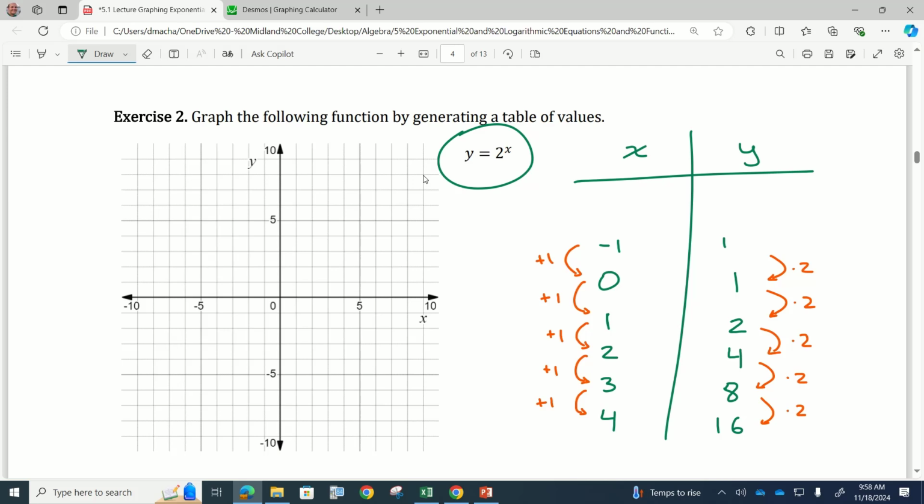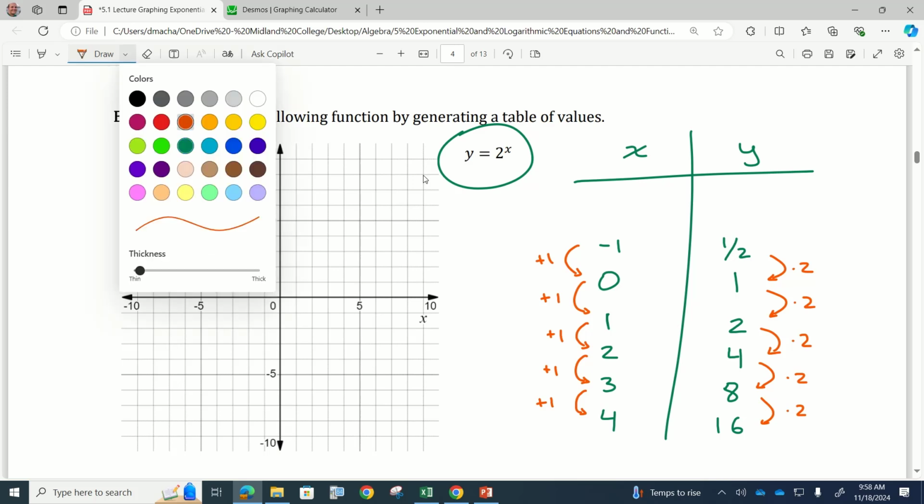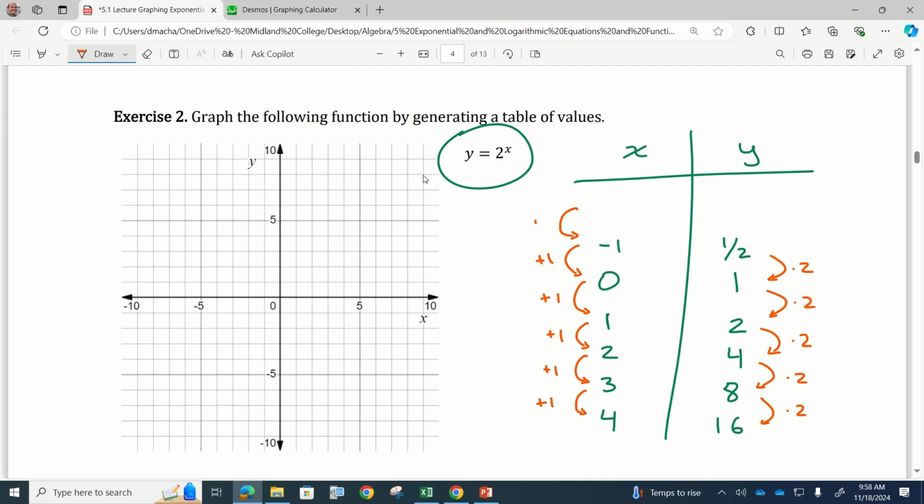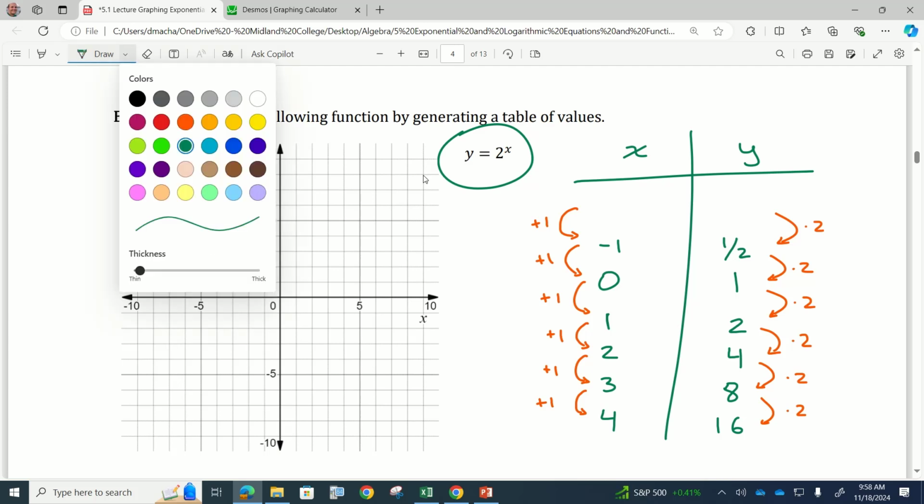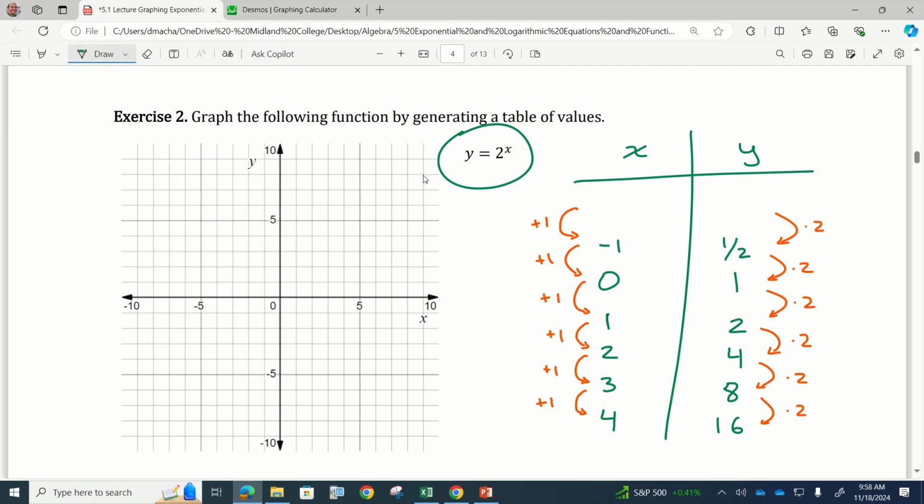A half. Yeah, 1/2 times 2 equals 1. And something plus 1 gives me negative 1, negative 2, and then something times 2 gives me a half. A quarter. Okay, and you can keep going in both directions like this here, but this might be good enough.